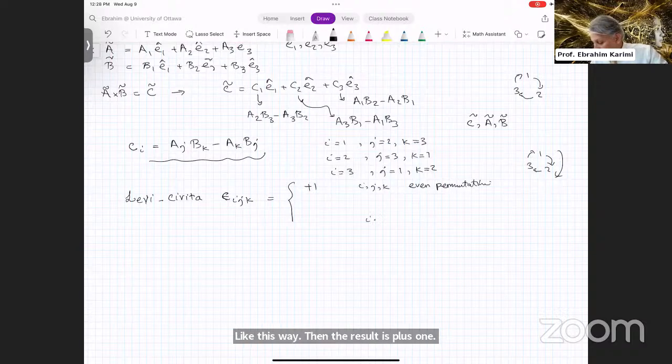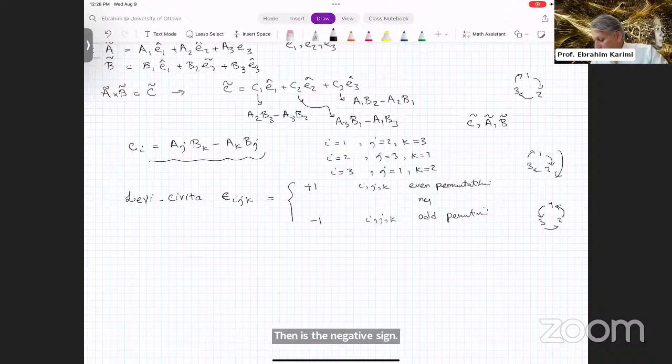When I, J, and K go in an odd permutation, meaning that you have 1, 2, and 3 but it doesn't go clockwise, it goes counterclockwise, then it is a negative sign.